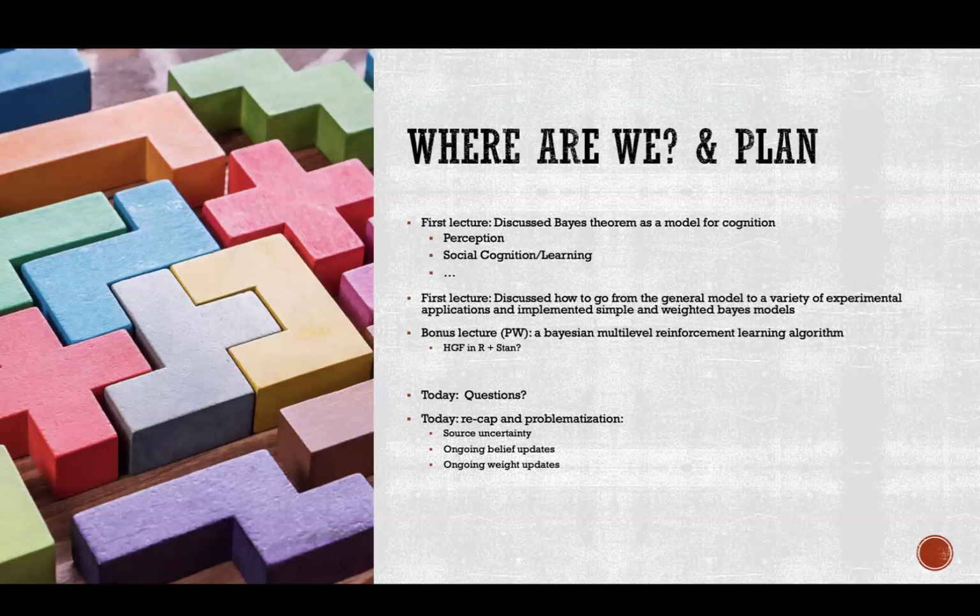So you're trying to estimate the underlying distribution of red and green in the urn. What if, instead of having a trial by trial setup where you get a new urn in every trial, you actually keep updating your estimates on a trial by trial basis? What if you are also estimating how credible the other person is as a source of information? We'll see a few of them.